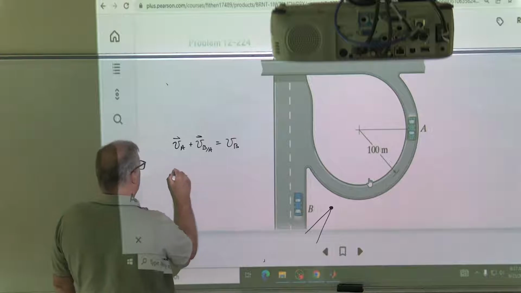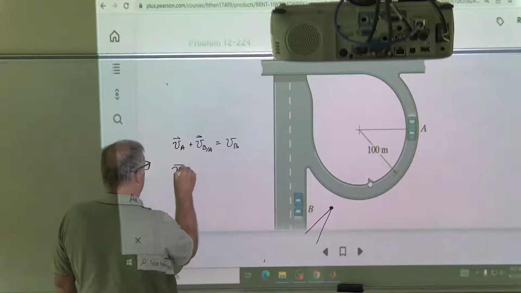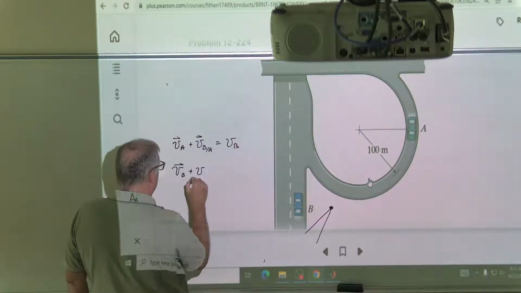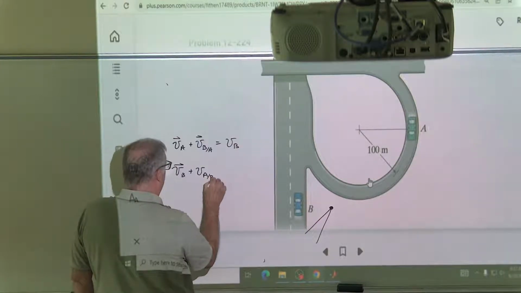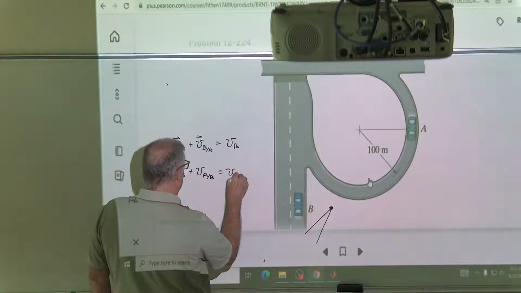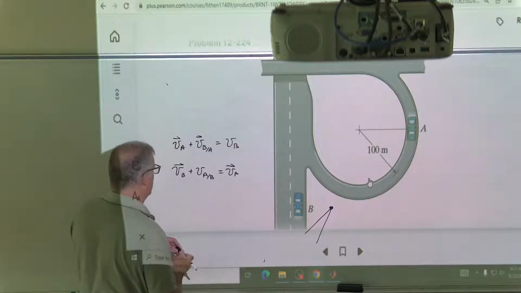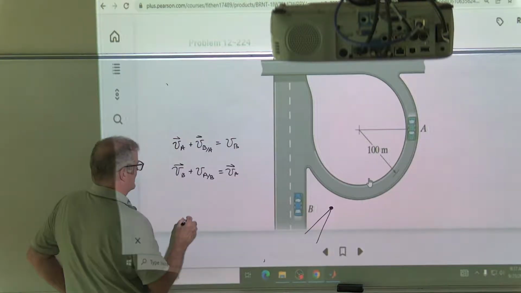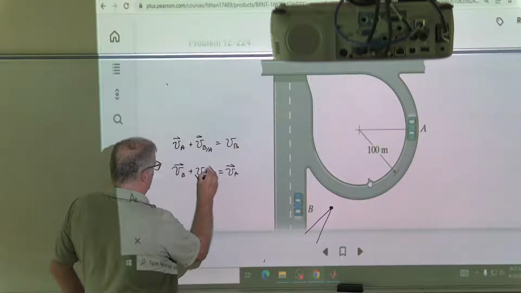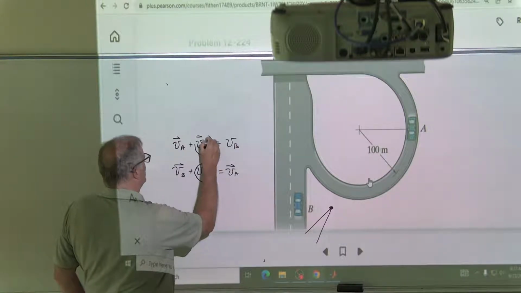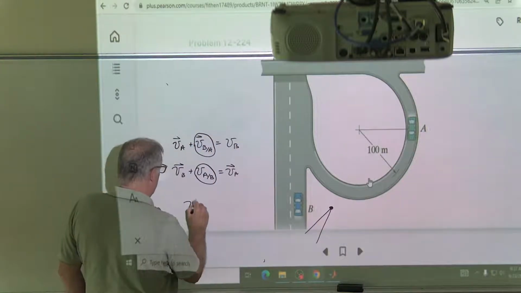Now what's interesting is I can write the equation the other way. What's interesting is what this means. If you look at the values, it's pretty much this.